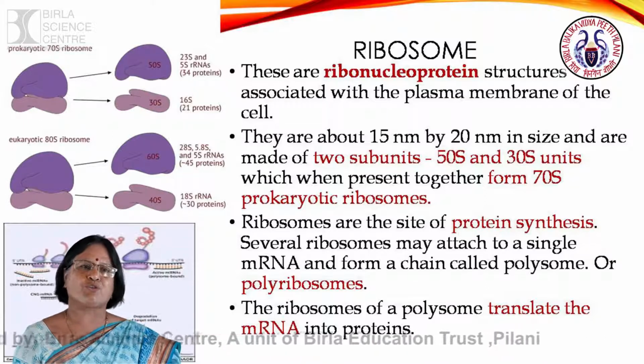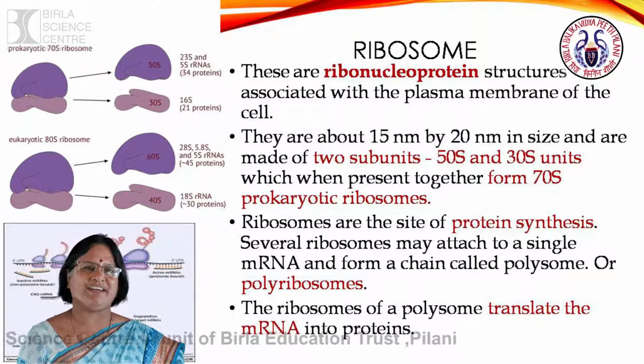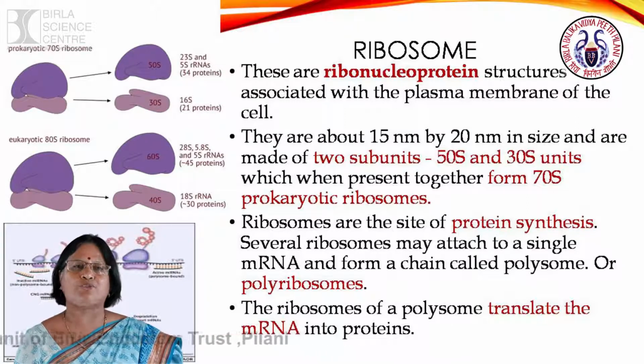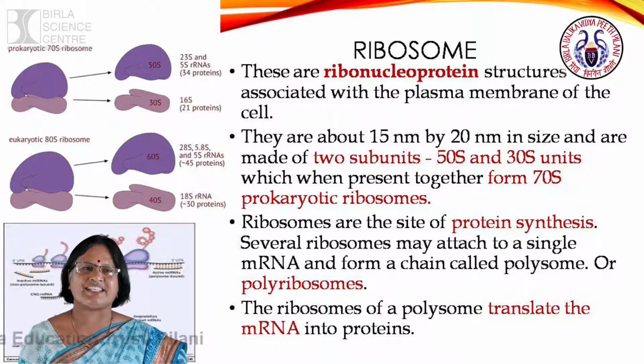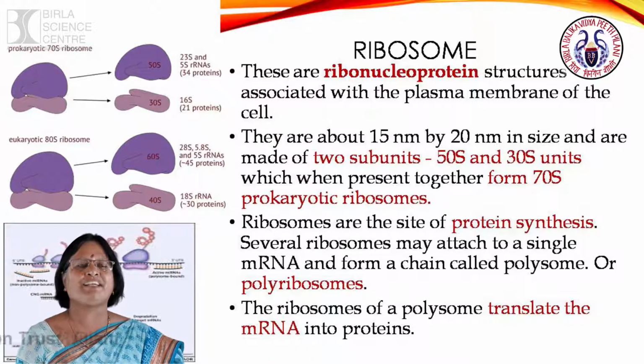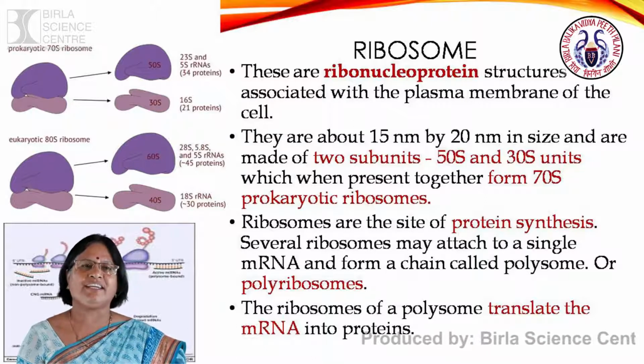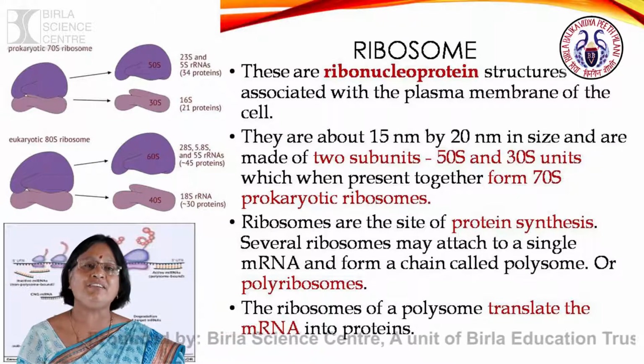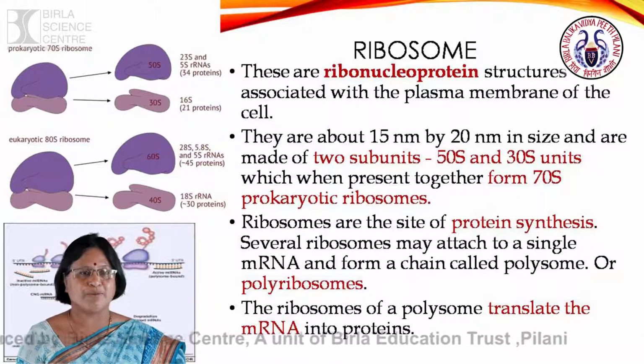Each ribosome of a prokaryotic cell is known as a 70S ribosome. What is the 70S? S is actually the Svedberg constant. This Svedberg constant refers to the sedimentation coefficient of the prokaryotic ribosome.